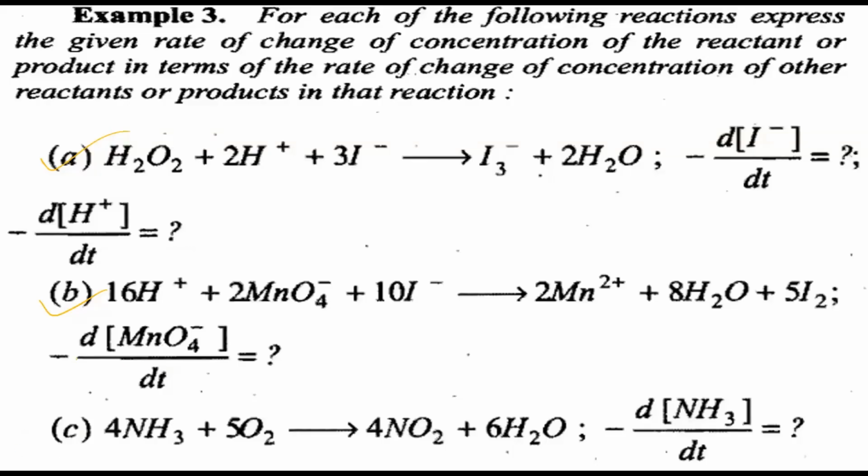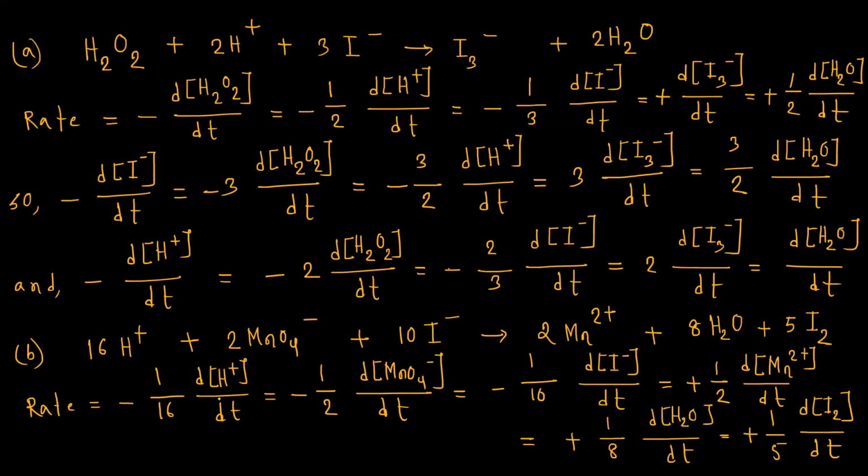So we have to find out negative sign of d of MnO4 negative upon dt. So we have to multiply each of these terms in this rate expression by 2.